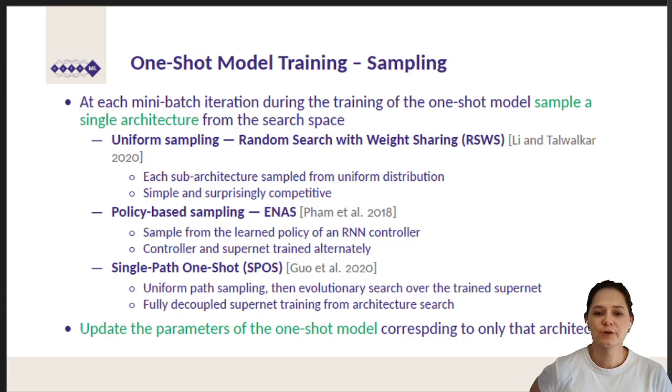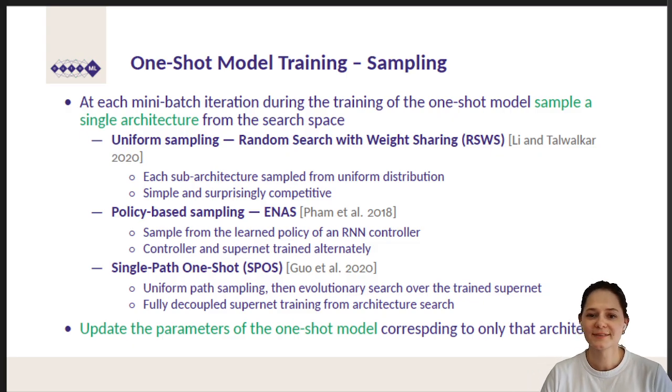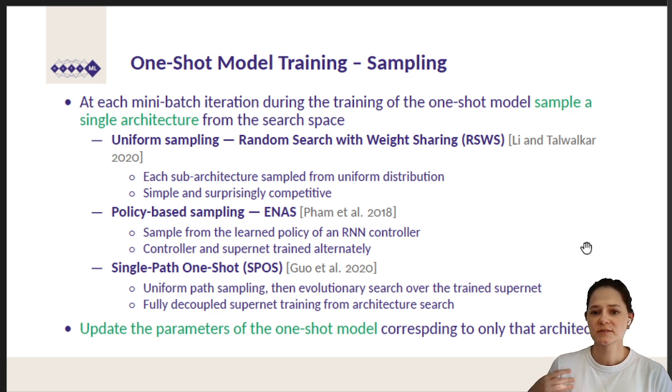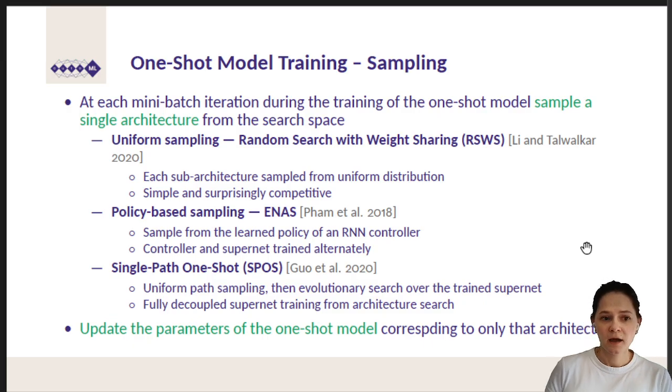And there are several different approaches one could use in the literature. For example, sampling the sub-architecture from a uniform distribution. That is what we do in random search with weight sharing, uniform sampling. So we sample one sub-architecture from a uniform distribution, which is a very simple and surprisingly competitive approach in combination with a random search eventually happening.